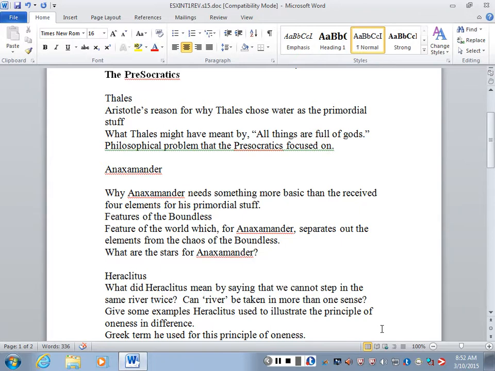So we have fragments of what they said, and also Anaximander wasn't the clearest writer.